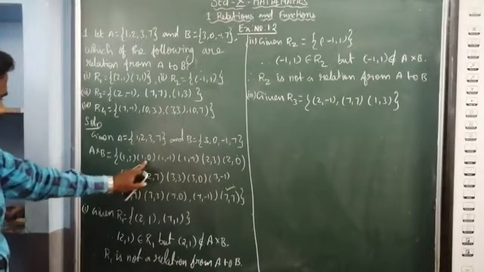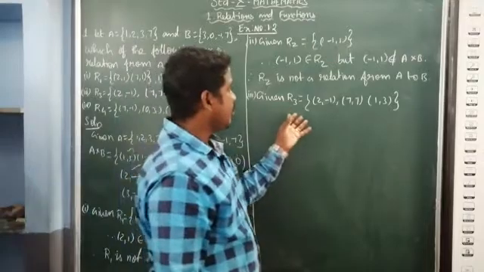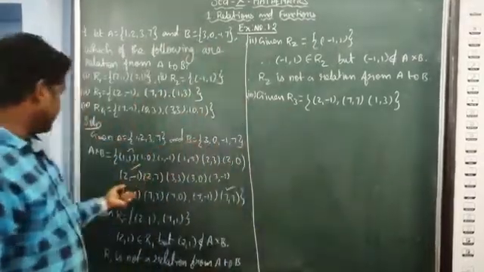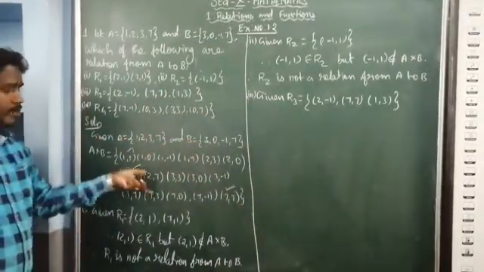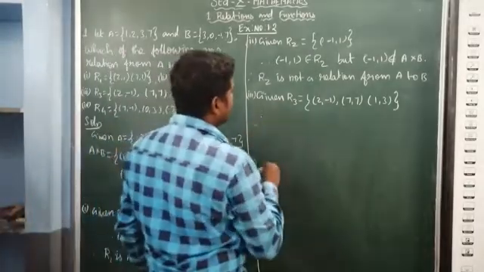Therefore, in R3 all the elements are in the Cartesian product A cross B itself.